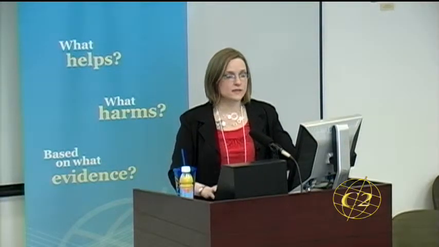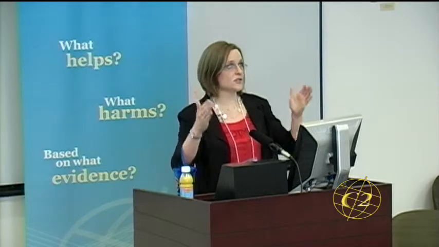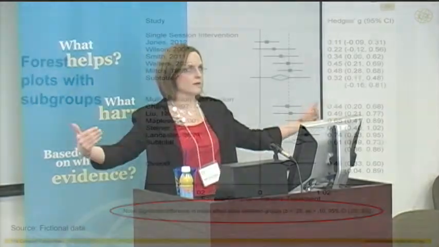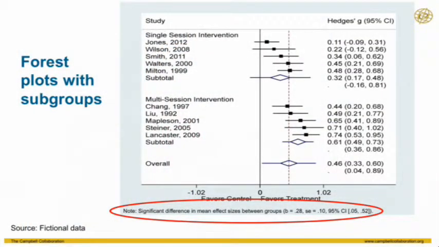Typically, the edges of the diamonds reflect the confidence intervals, and then these bands on the outside represent your prediction intervals. Your prediction intervals will always be wider than your confidence intervals because, if you have heterogeneity, that takes into account the between-studies variance.